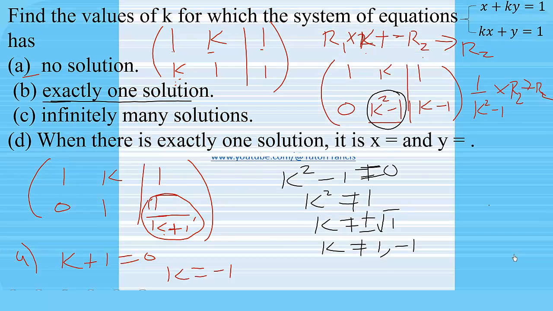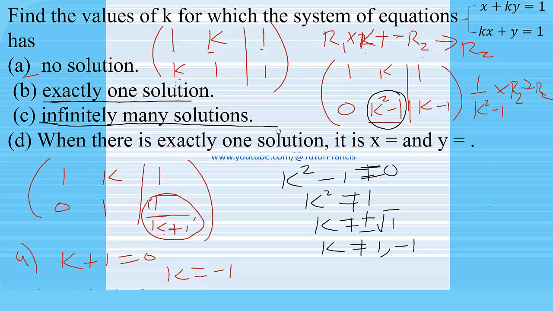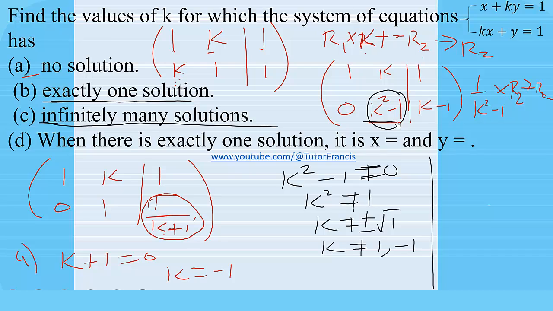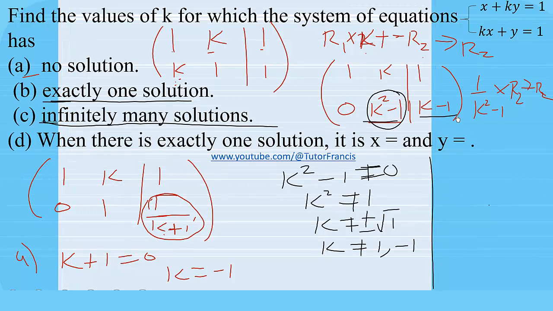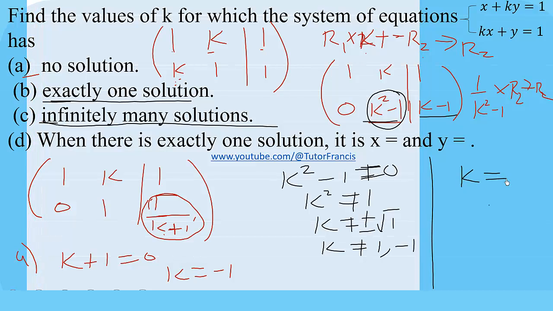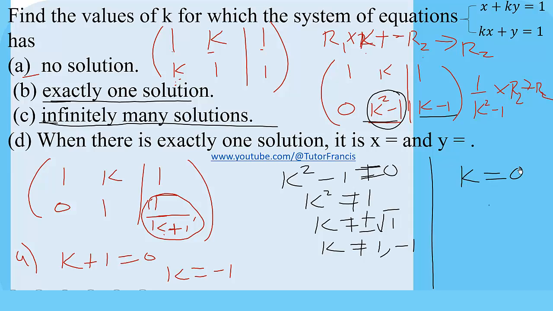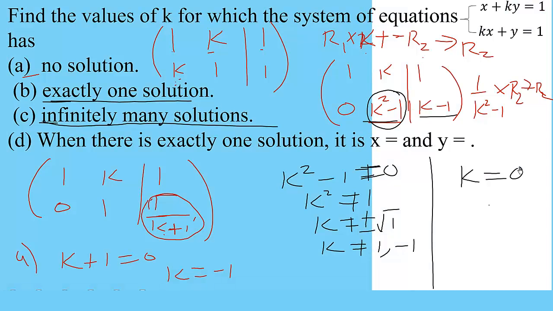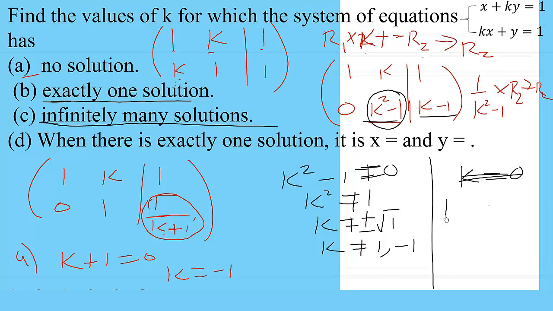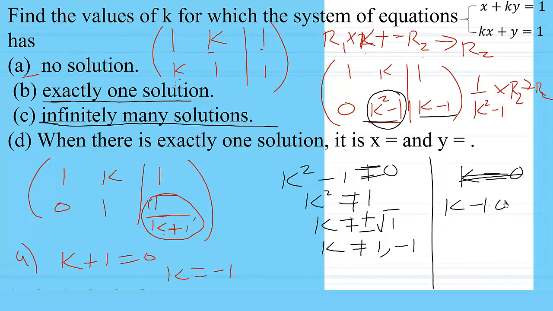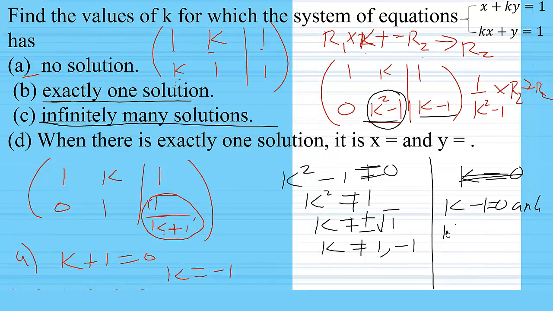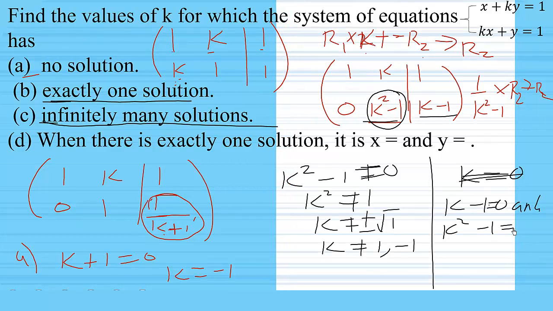Now for the system to have infinitely many solutions, a dependent system, we must have 0 here, and we must have 0 here as well. So we need the intersection: k minus 1 equals 0 and k squared minus 1 is also equal to 0.